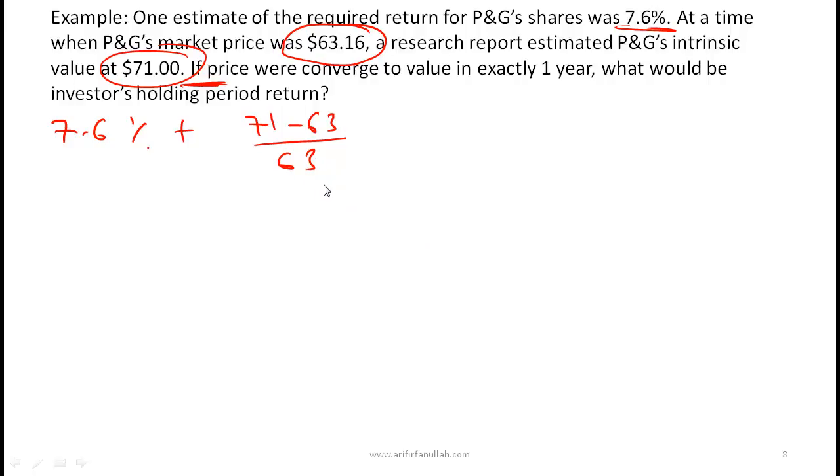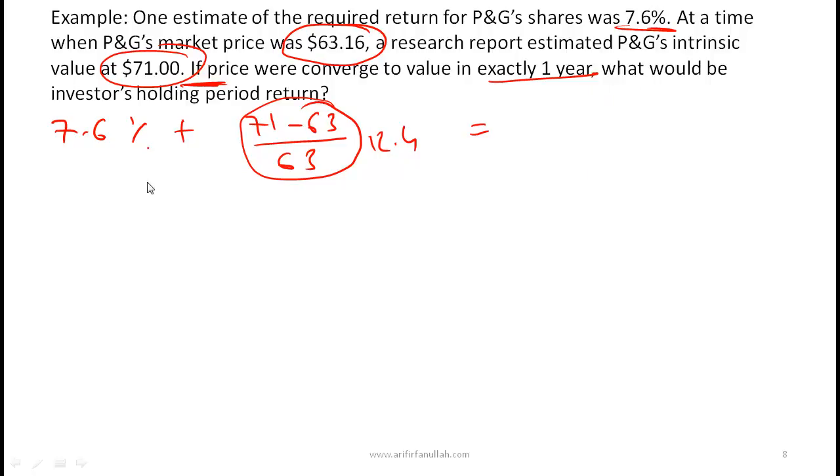How much is this percent? That's 12.4. So what's your total expected return? It's 7.6 plus that. But this is a 1 year period. So what's the holding period here? What's your expected holding period return? If the price were to converge in exactly 1 year, what would be the investor's holding period return?